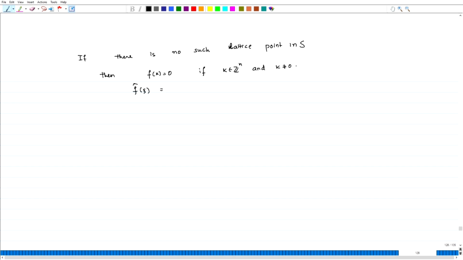Okay. So, now as you can see, f hat of xi, since this is a symmetric domain, is basically the modulus of chi of S by 2 hat of xi, squared. Therefore, f of 0 is equal to the summation over k in Z^n of f of k, and this f hat has an appropriate decay, so that we can apply the Poisson summation formula for this particular f we have chosen.